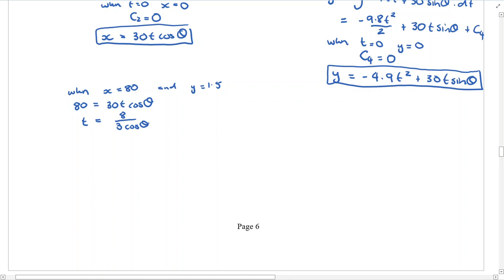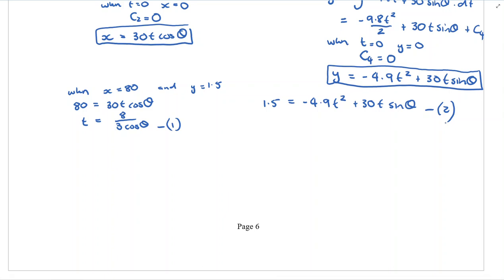Into the y equation, the y value was 1.5 equals negative 4.9 t squared plus 30t sine theta. So if this is equation 1 and this is equation 2, I can sub equation 1, which has got t by itself, into equation 2, and I will eliminate t from my equation.